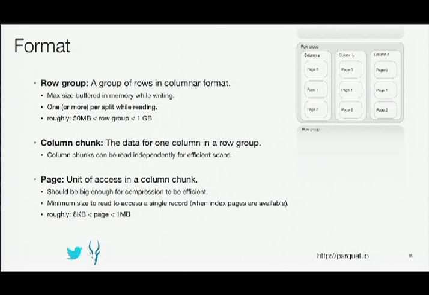And so the idea is when you write the data, you're receiving one row at a time, and you need to buffer the row group in memory so that you can write it in columnar format, one column at a time, because you need all the data for the first column before you write it out. So that's why it's organized in row groups.